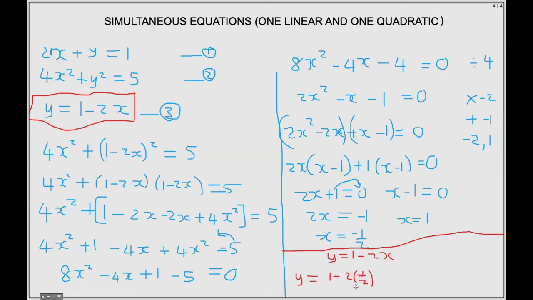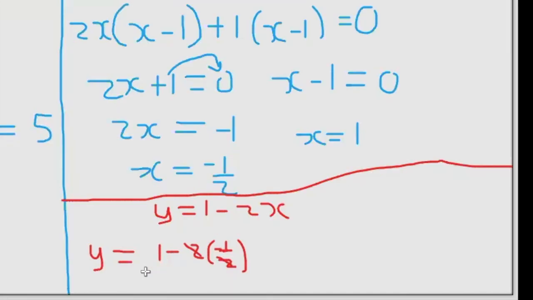Minus 2 times negative a half, that will cancel the 2, so negative and negative is positive. So what we have is y is equal to 1 plus 1. So it means my y value is 2. So the first set of solutions is x is negative a half and y is 2.